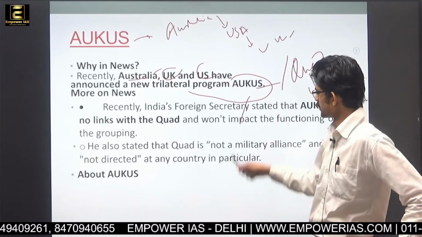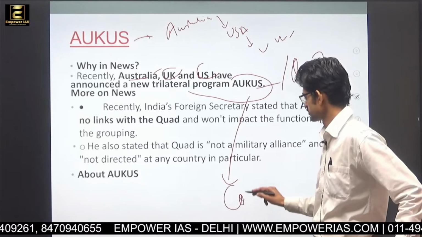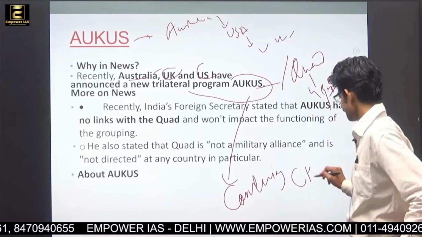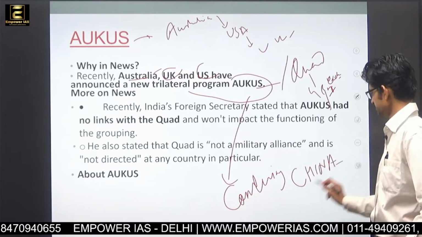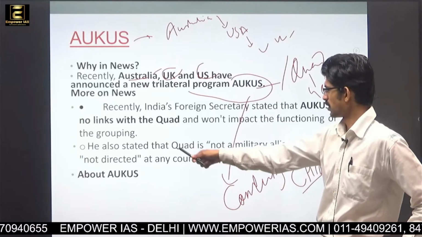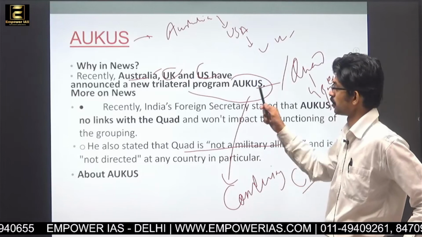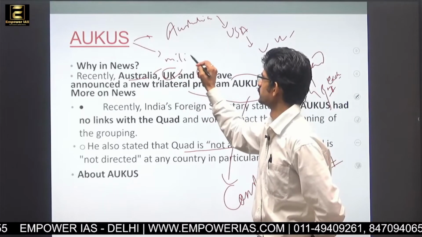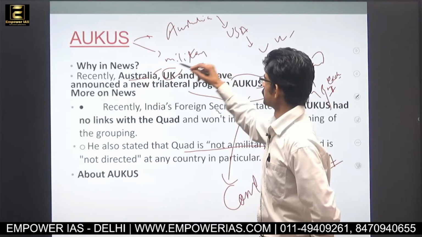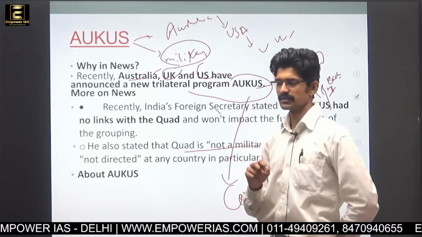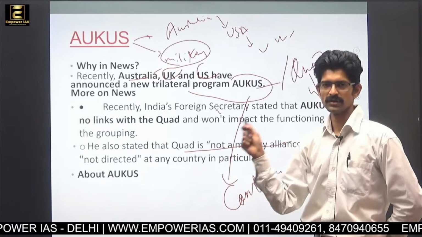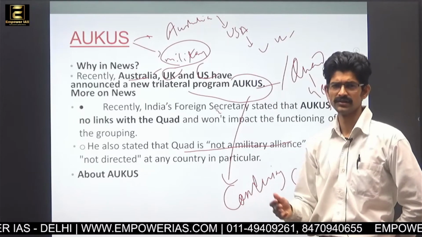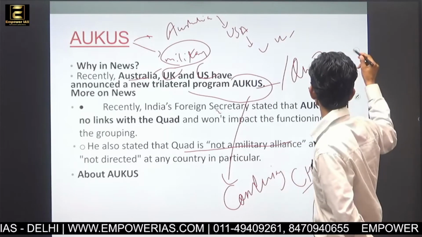These are all measures to counter only China's hegemonic policies. Okay, remember this fact. Now Quad is not a military alliance, but AUKUS is a military alliance in which if any member nation gets attacked by another, then the other members will help to protect it. Somehow we see how NATO is failing in this modern day scenario.